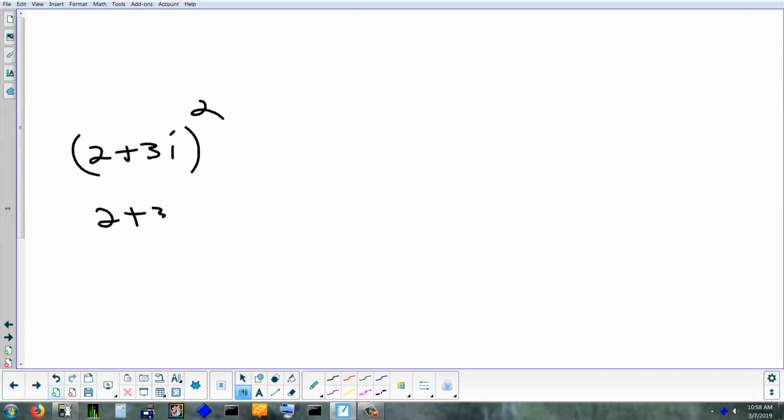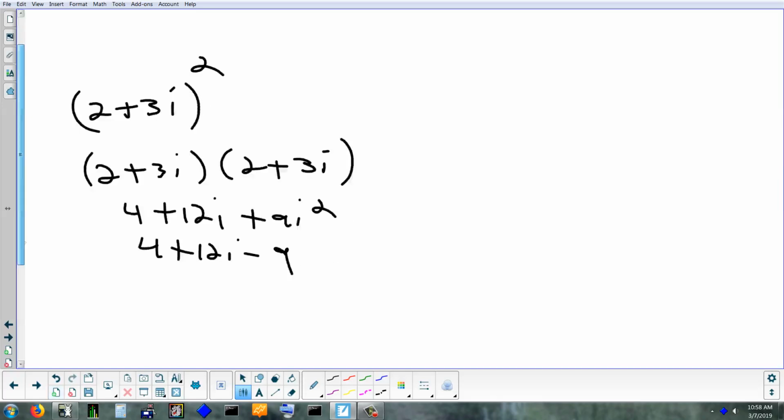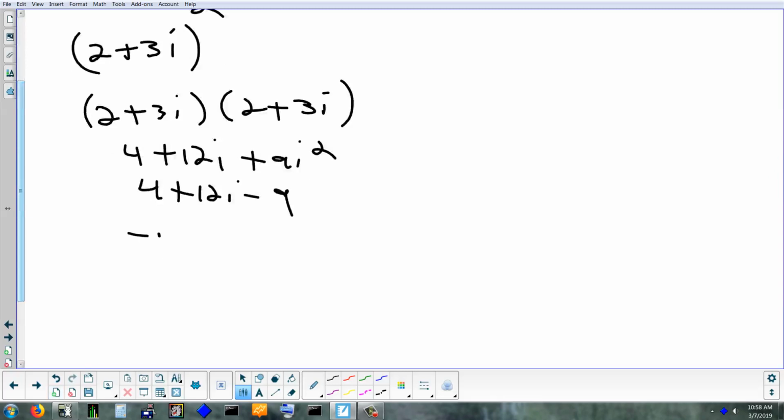You just write 2 plus 3i, 2 plus 3i, FOIL it all out. You're going to get 4 plus 12i plus 9i squared, which is really 4 plus 12i minus 9. And 4 minus 9 gives me negative 5. So it didn't take me that long, maybe 15 seconds to do that out.